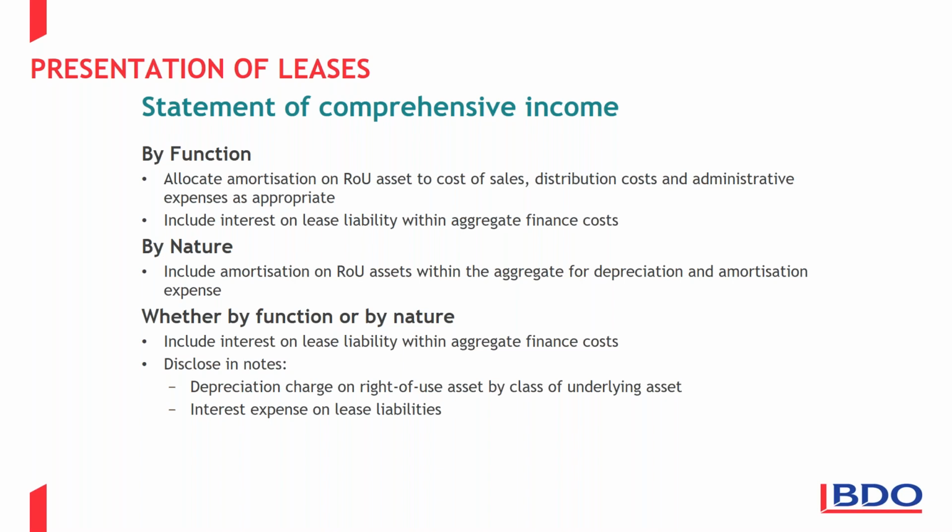If you're preparing your statement of comprehensive income by nature, you'll include the amortization on the right of use assets within the aggregate for depreciation and amortization expense. Whether it's function or by nature, doesn't matter. You'll include interest on the lease liability within the aggregate finance costs, and you'll disclose in the notes the depreciation charge on right of use assets by class of underlying right of use asset, and you'll disclose in the notes your interest expense on lease liabilities.